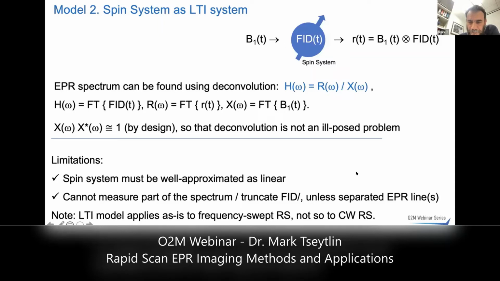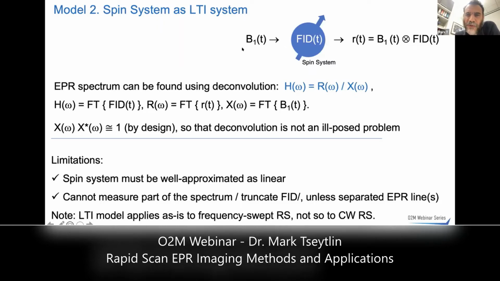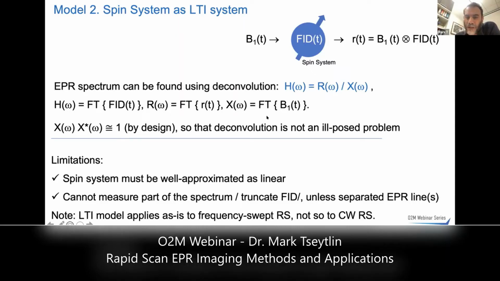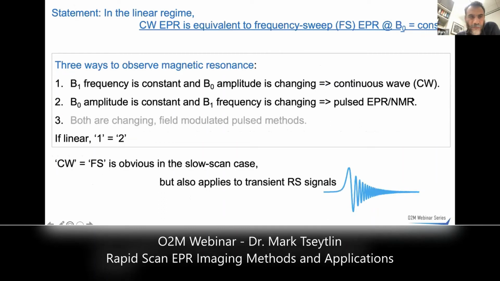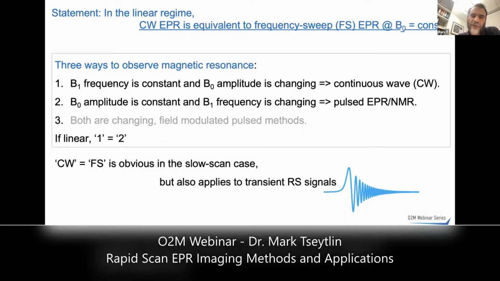But it's not so for CW rapid scan, because your B1 is constant. If you take the Fourier transform of a constant, you get nothing useful. I'll explain a little later how we go about solving this problem. So again, if you have a frequency sweep rapid scan, called FS, using that linear approach you can already get your spectrum.